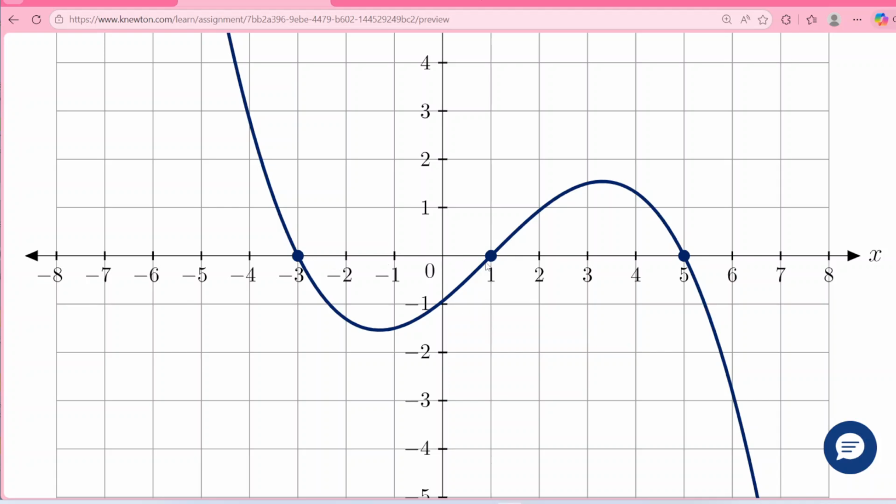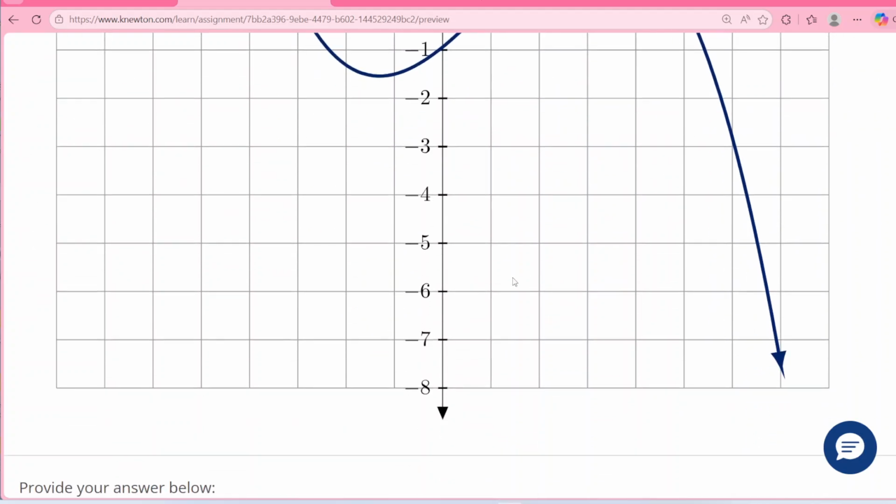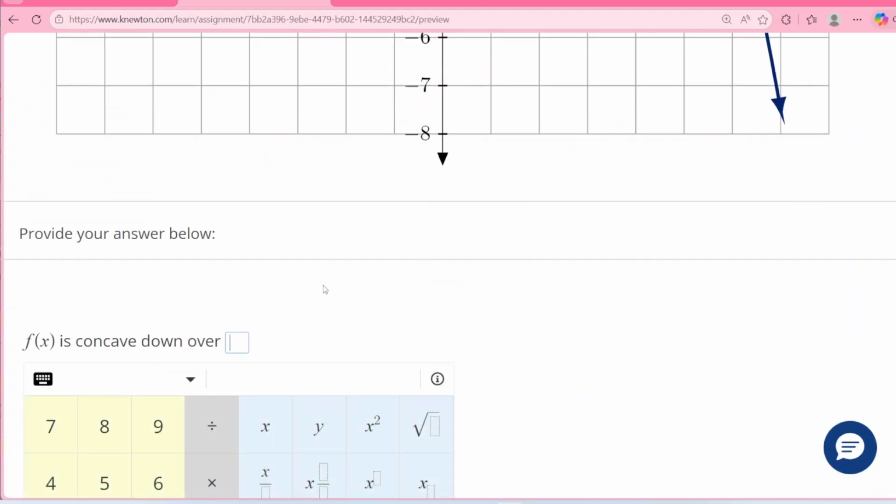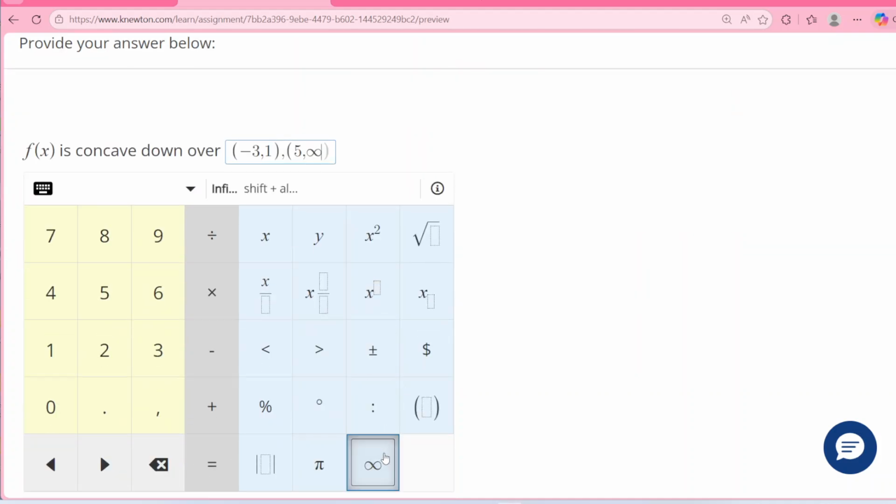So from -3 to +1, the second derivative here has a negative value. So the graph of the original will be concave down over that interval from -3 to +1. And then from 5 to infinity, 5 onward, this second derivative graph has negative values. Okay, so the original graph will be concave down. So -3 to 1 and also 5 to infinity are my answers here. Interval from -3 to 1, comma, interval from 5 to infinity.